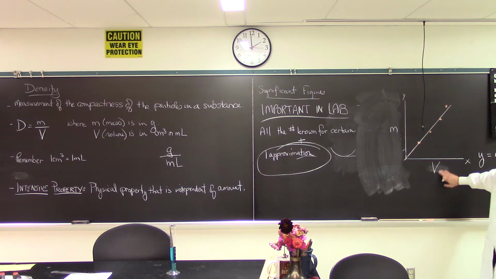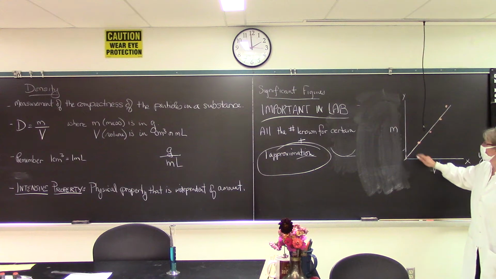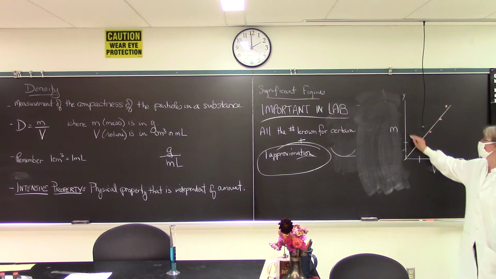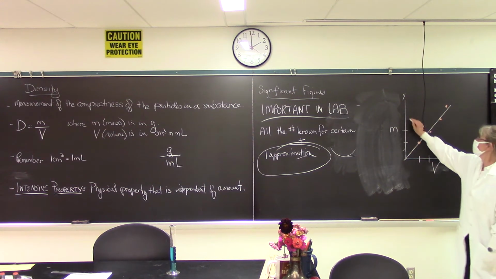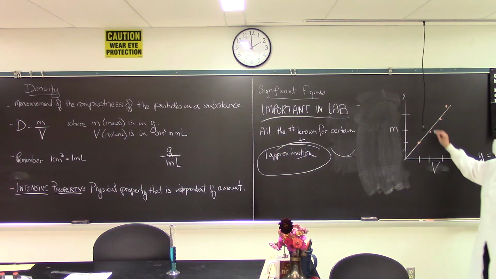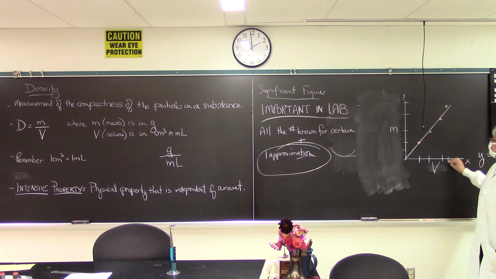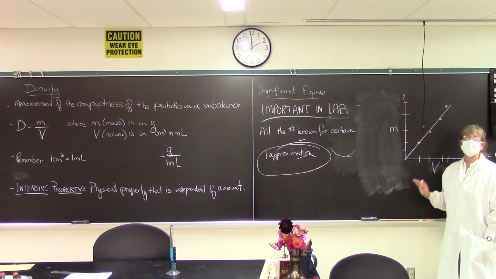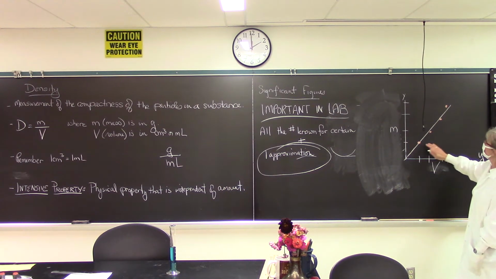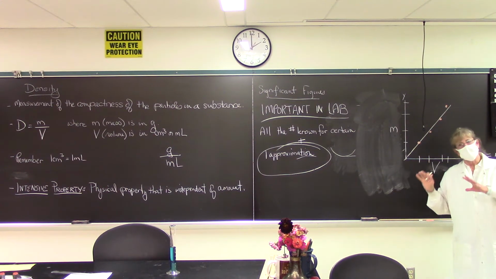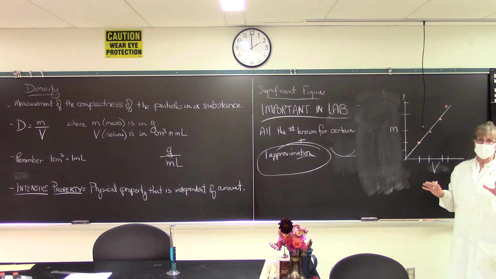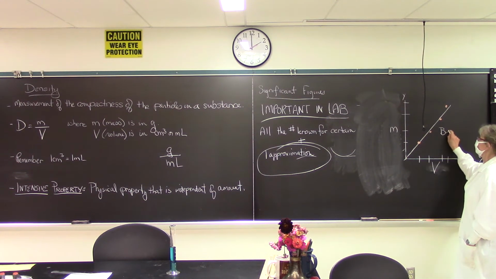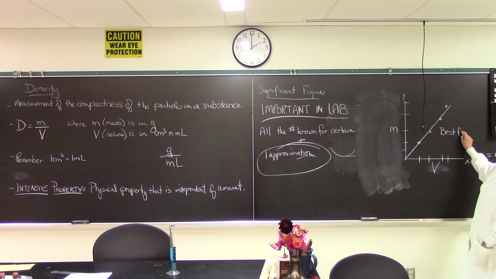Mass over volume. So you're going to plot this, and I plotted some pretend points. And you can see with this that my points don't lie completely on this straight line, but they lie pretty well between the points. This is called a best fit straight line.